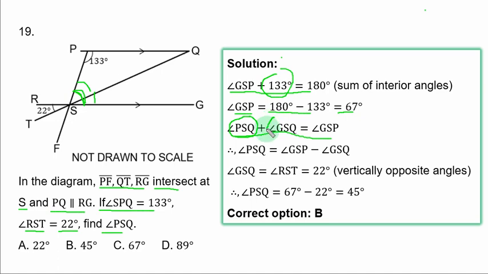So you transfer this to the right hand side, and you have angle PSQ equal to angle GSP minus angle GSQ. Now angle GSQ is equal to ROST equal to 22. That is vertically opposite angles.